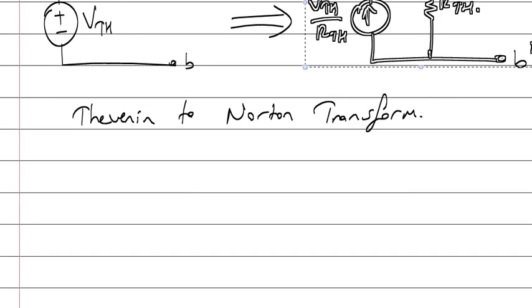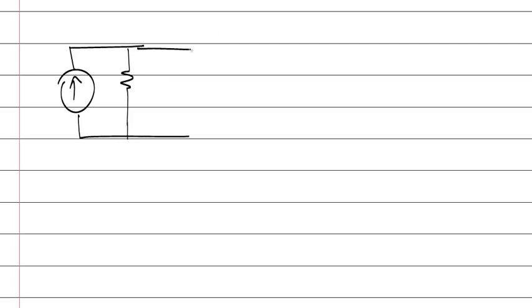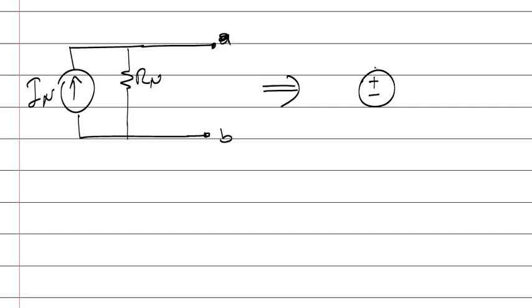And similarly, we can make a transform from a Norton's shape. For example, assume the original circuit is like that. Value is I Norton. The resistance value is R Norton. I have points A, B, and I can transform that shape into a Thevenin shape.